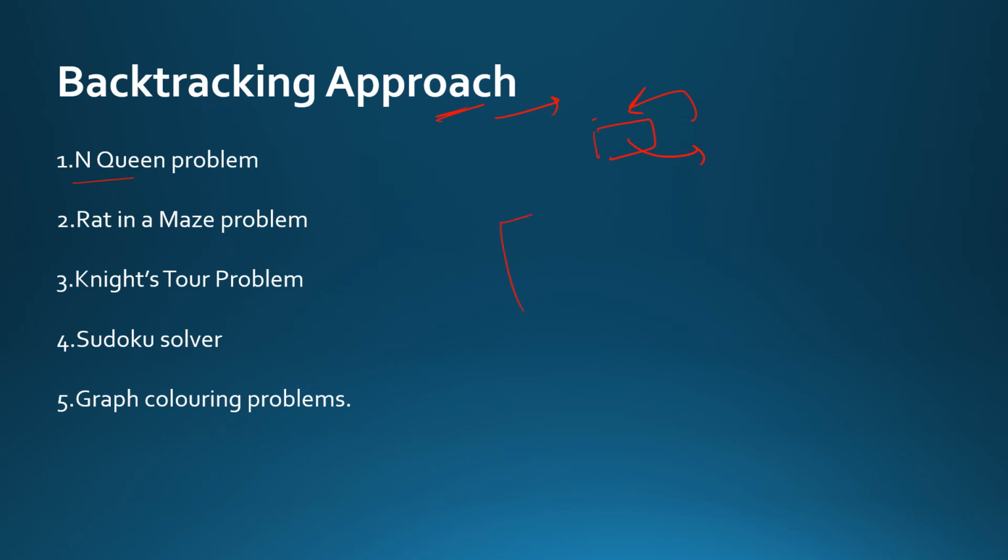Like in a maze, we have some barriers, some walls, and the rat starts from this point and wants to reach this point. There are some rocks here, some rocks here. So the rat has two options: the down direction or the right direction.